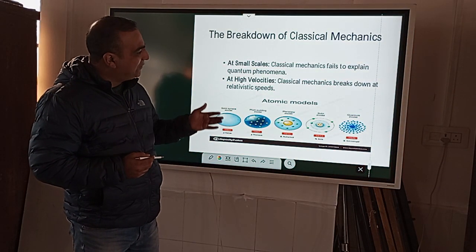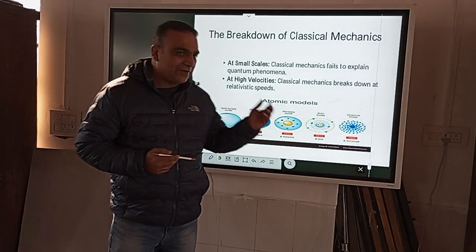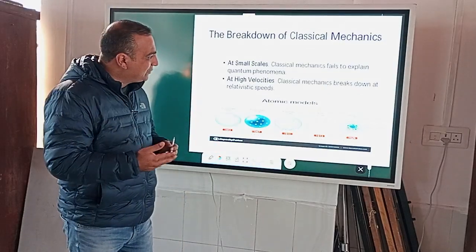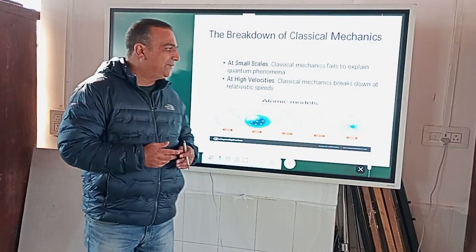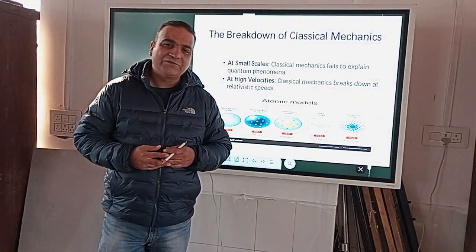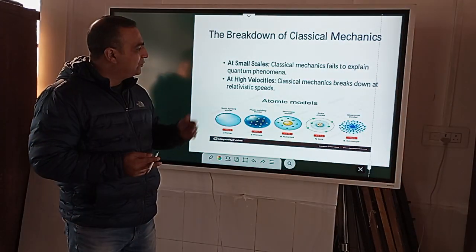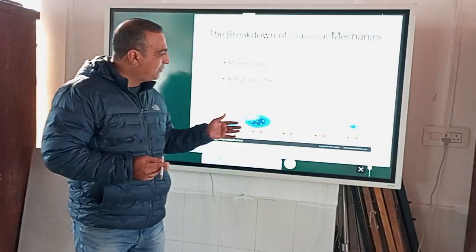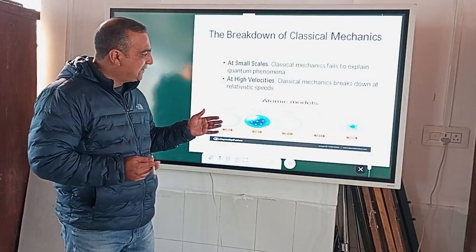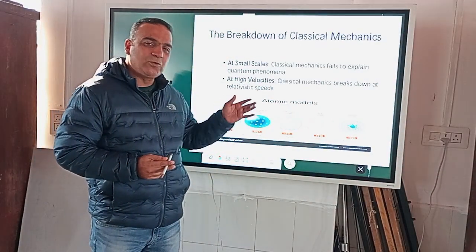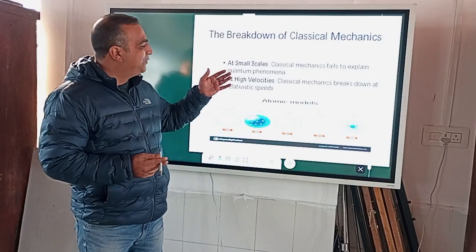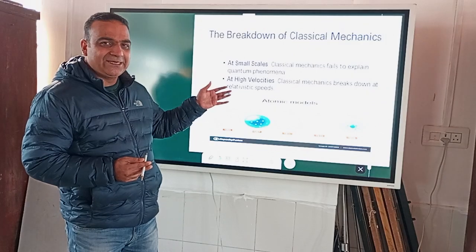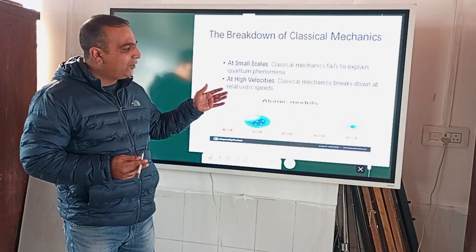And at the same time, we have been talking about velocities. When the velocity of objects is comparable to the speed of light, classical mechanics fails, Newtonian mechanics fails, and you replace this mechanics to explain some of the important behaviors and physical quantities that are assumed to be absolute in the Newtonian domain, like mass, time, and dimensions of an object.